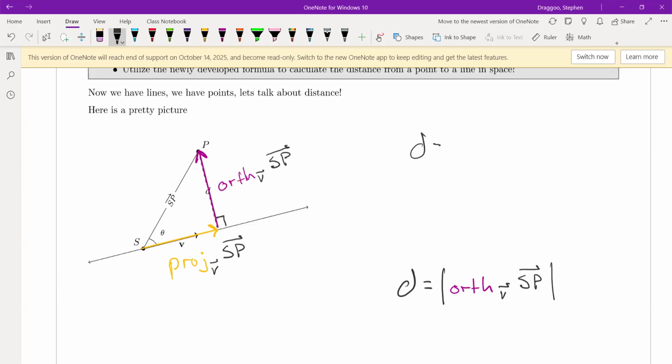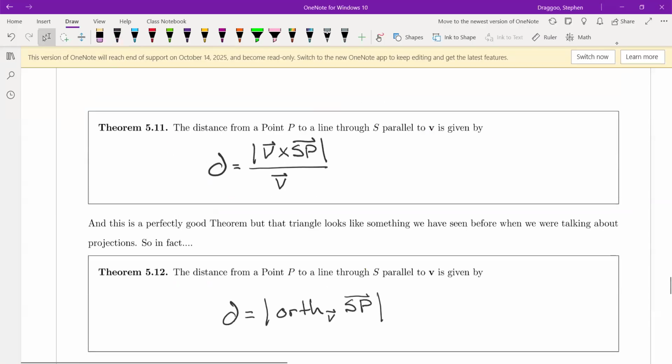But I could have also defined it by saying that it is SP, this magnitude, times the sine of theta, because I'm just projecting it over to the other side, which should also start to remind us of the cross products, which I'll skip over a couple of steps.